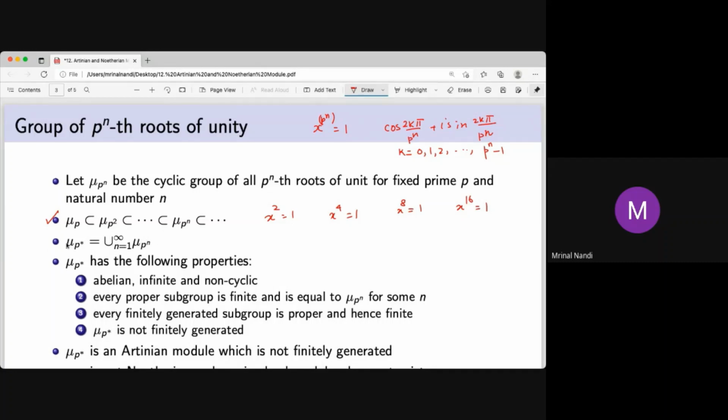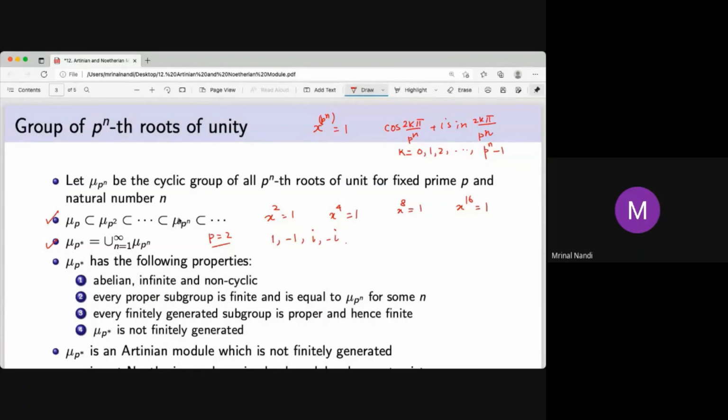Now consider this union over all of these. Consider p equal to 2, for example. Then the first μ_p is just two elements, 1 and minus 1. Then p square, 4, so 1 and minus 1 are already there, and we add i and minus i.